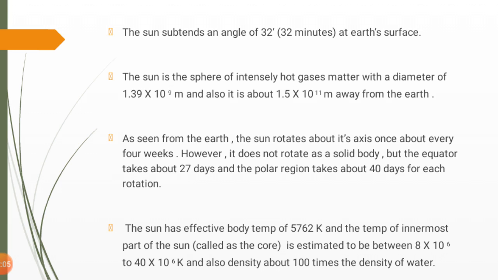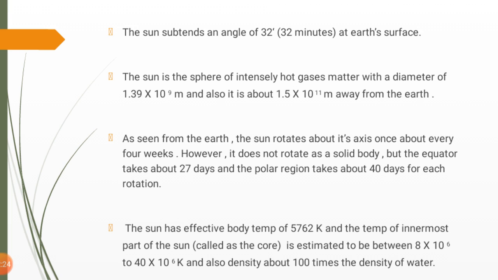The sun is a sphere of intensely hot gaseous matter with a diameter of 1.39 × 10^9 meters, and it is about 1.5 × 10^11 meters away from the earth.